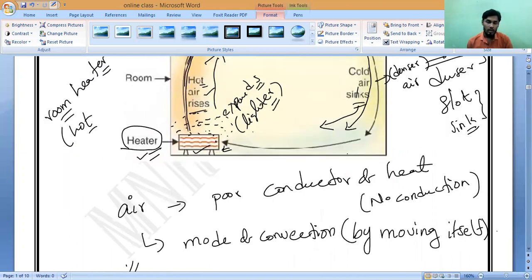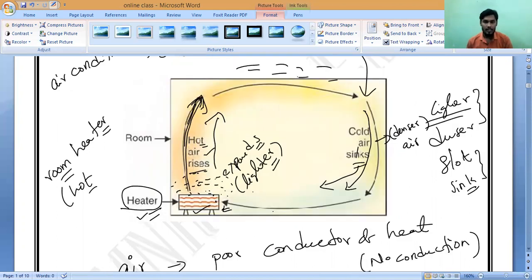Yes, sir. So in our classwork also, draw exactly this picture and write the name of this picture as convection in air. What should we write? The air in a room is heated by convection currents.